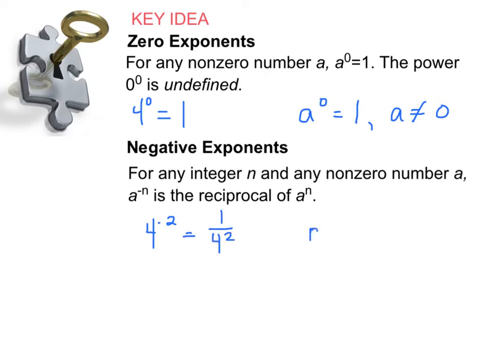Or a to the negative n power equals 1 over a to the n, where again a cannot be 0. Now, you might not understand negative exponents yet. That's okay. We'll go over it in a little more detail with our examples.